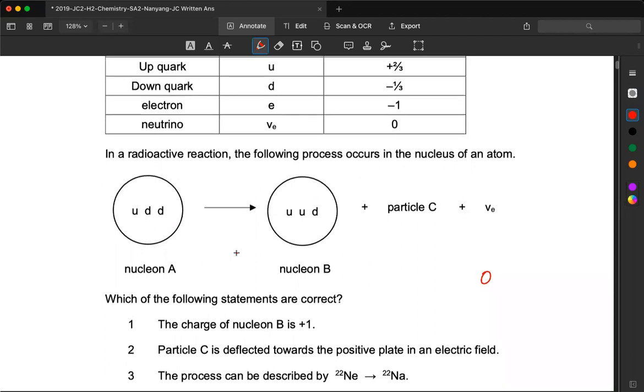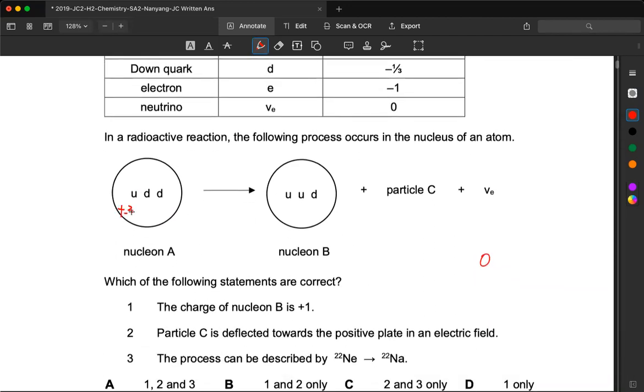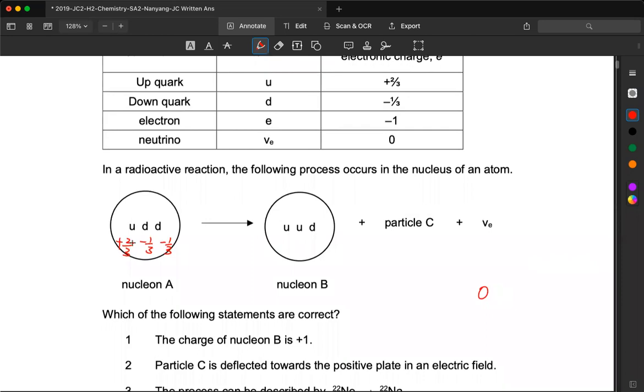Now, U represents plus 2/3, so you have plus 2/3 here. D is minus 1/3. If you add up together, the charge of this is neutral, because 2/3 minus 1/3 minus 1/3 equals 0.